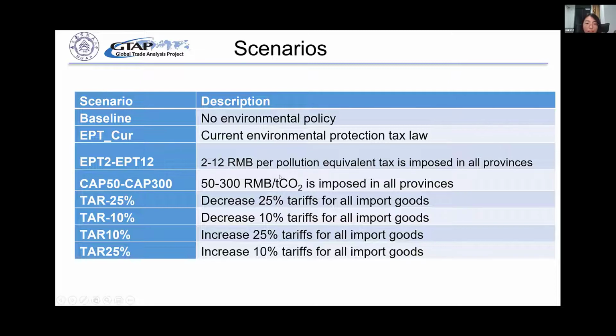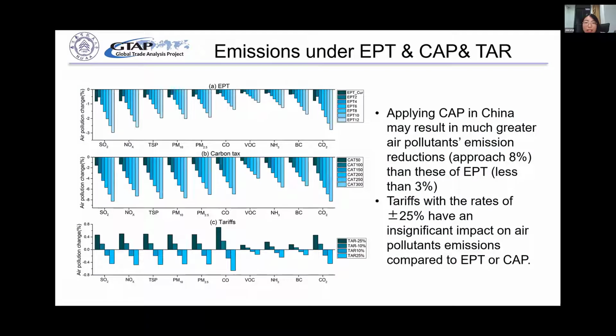And this setting is based on other studies. And also we consider the decrease and increase of the tariffs for all imported goods. So we put the three scenarios together to see what will happen.